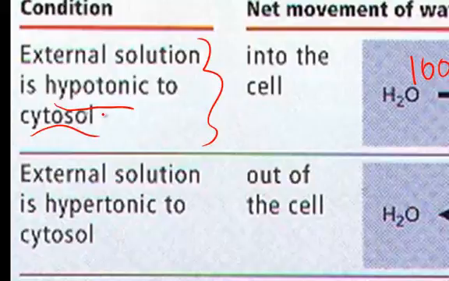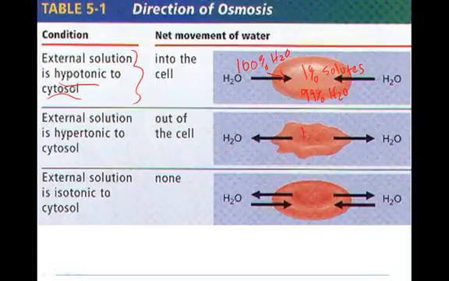Cytosol is cytoplasm, and hypotonic means less concentrated, so we use distilled water there. In the second scenario, the osmotic concentration of the cell is still 1% solutes, meaning it's still 99% H2O. And that means the solution out here, they say the solution is hypertonic.